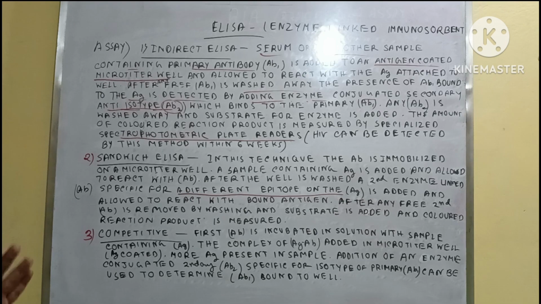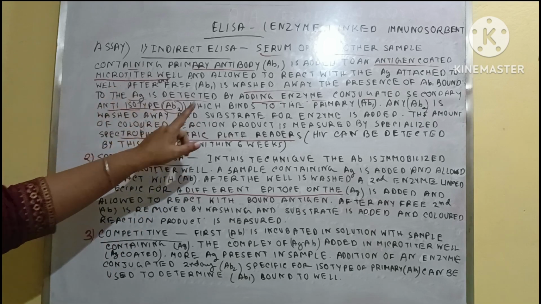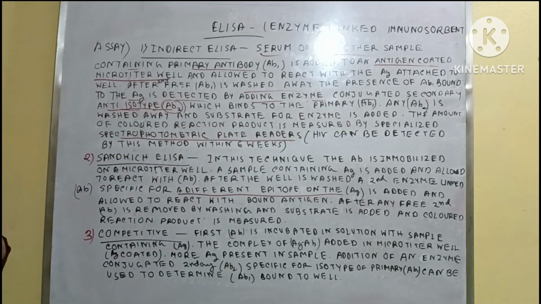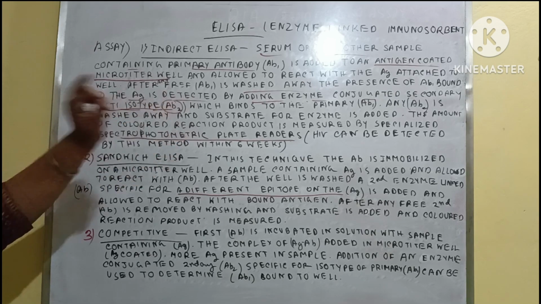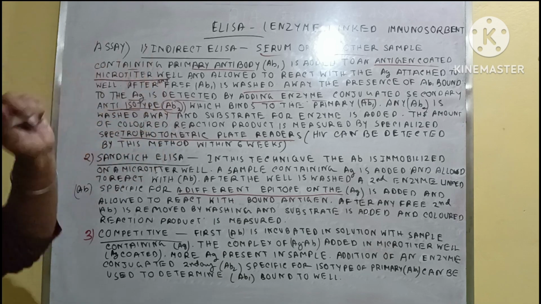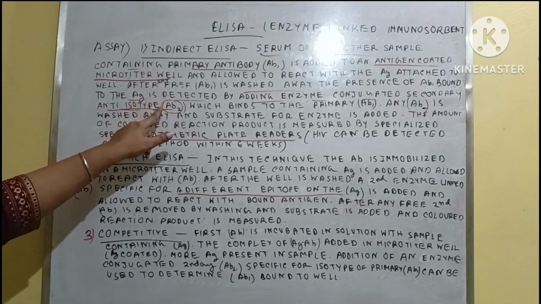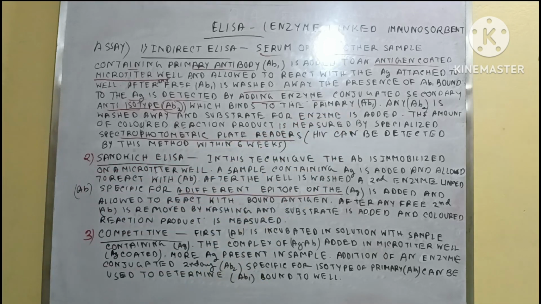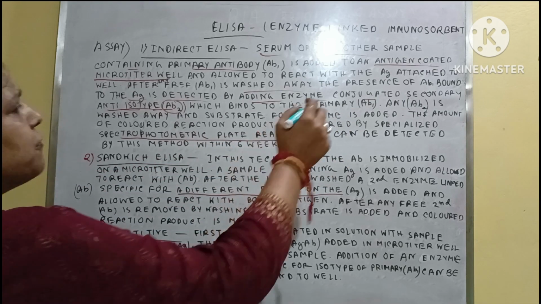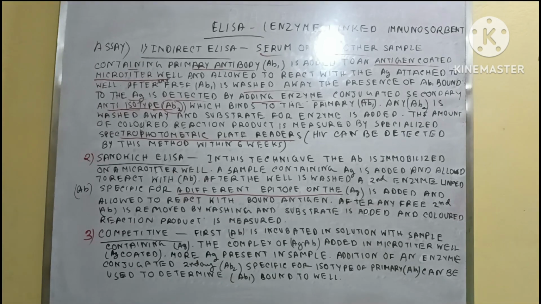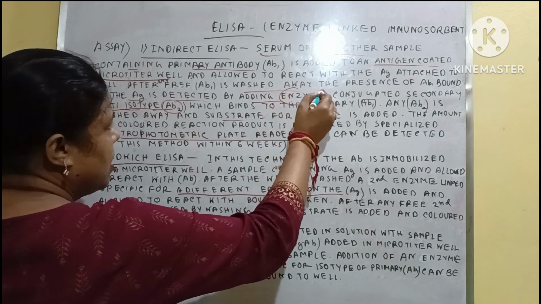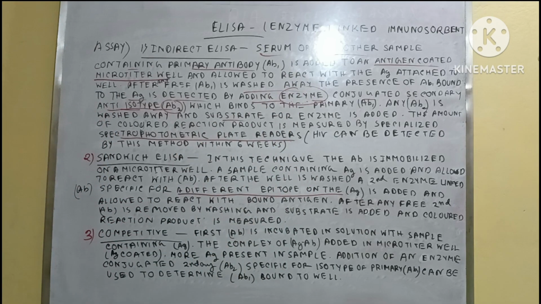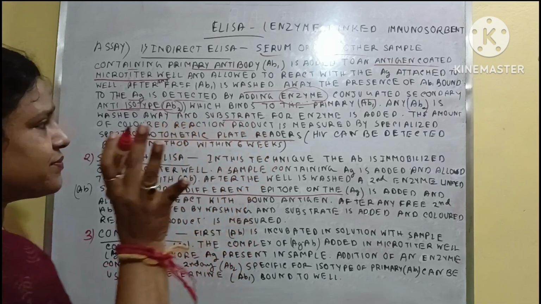This AB2 binds to the primary AB1, because these are anti-isotype antibodies. So they do not bind to the antigen, they bind to the primary antibody. Then the free antibodies are washed away, and a substrate related to the enzyme is added, and a colored reaction is formed.